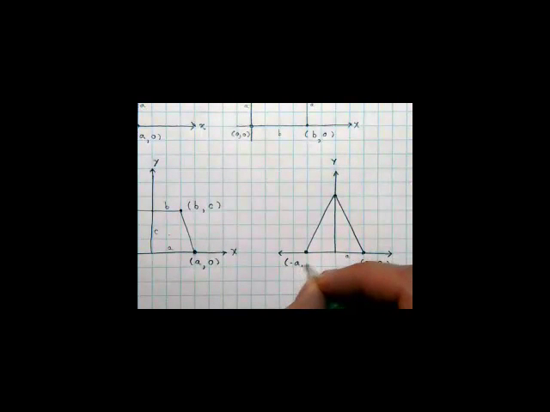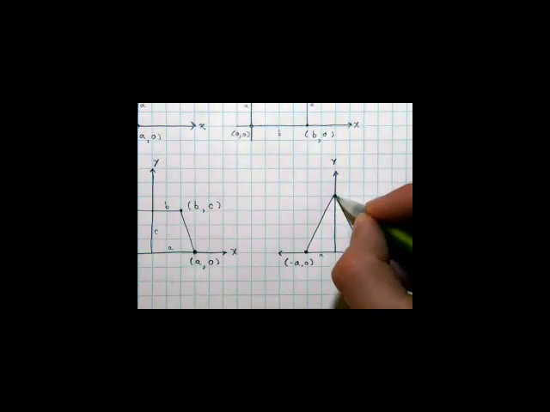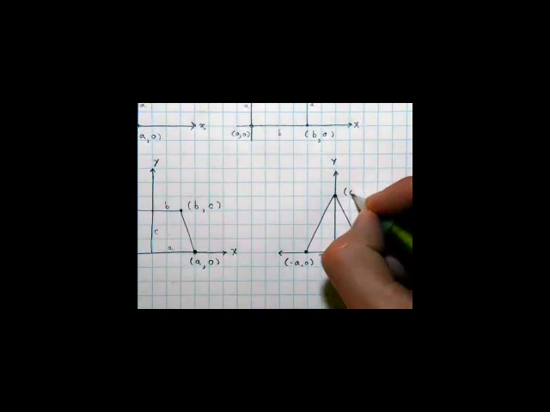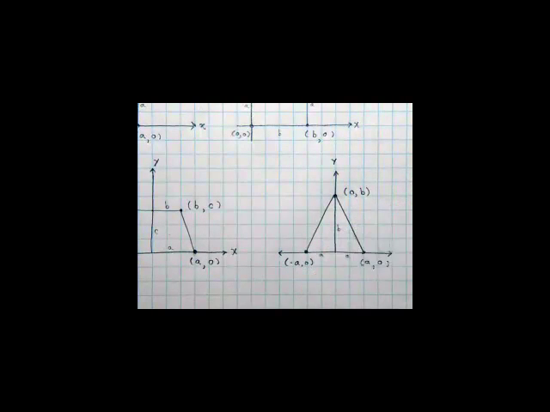Negative A, 0. And then we've got this last one up here at the top. We could do 0, and call it B. Make that height up the middle of the isosceles triangle B.